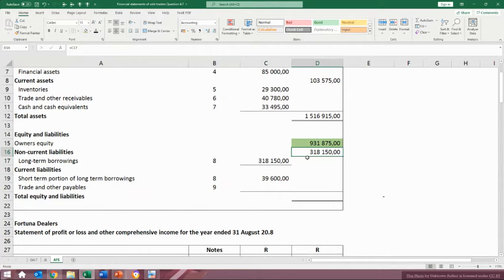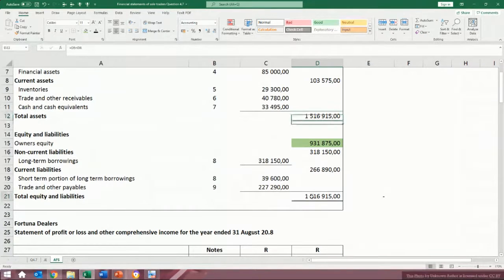And then similar to what we've done on the other side, if you've got all your non-current liabilities, you total that amount. Okay, so now short-term liabilities, the only thing remaining is our trade and other payables, which relates to note number 9. And if we add all of this together, you've got 1.5.